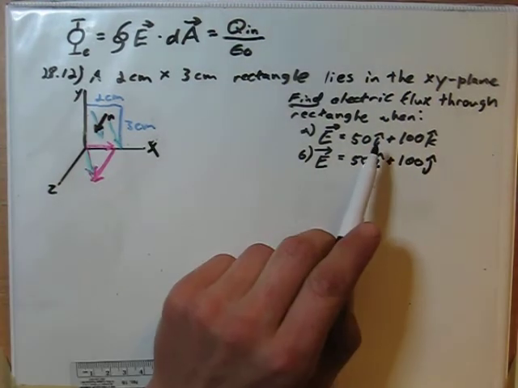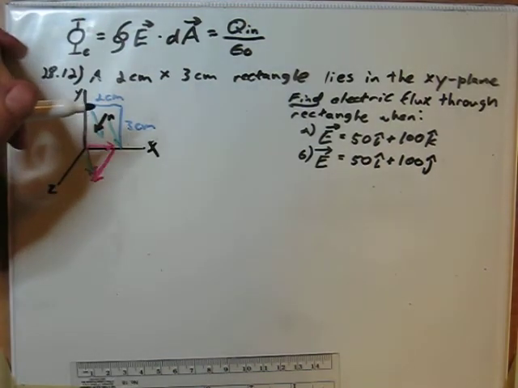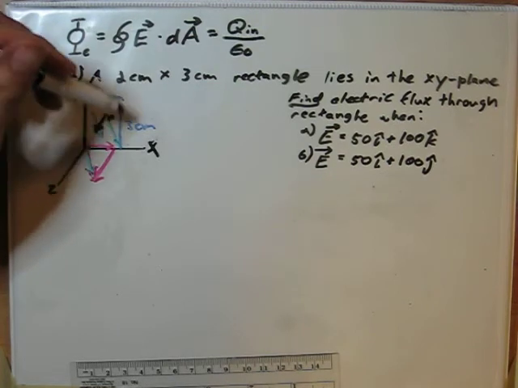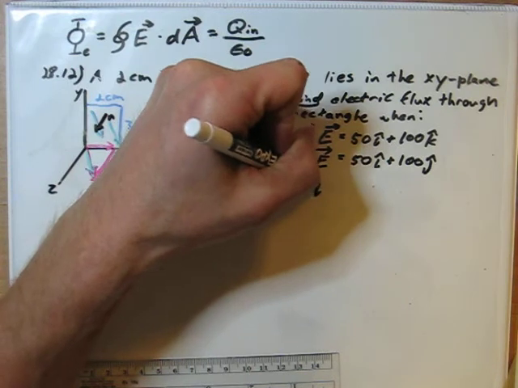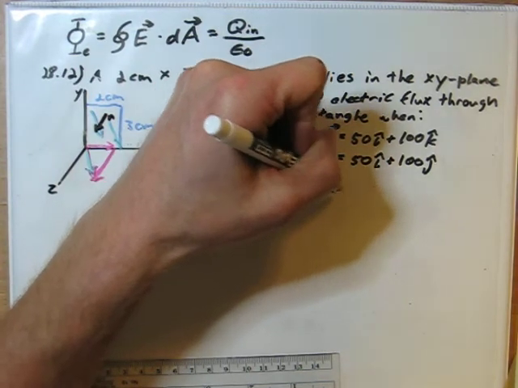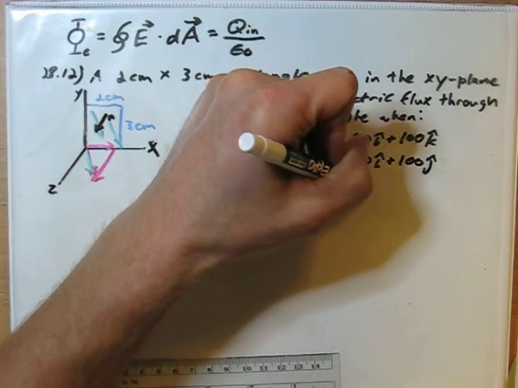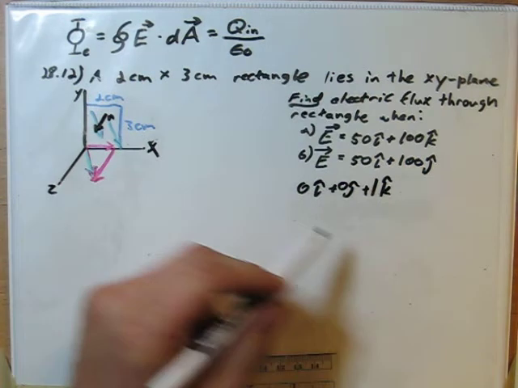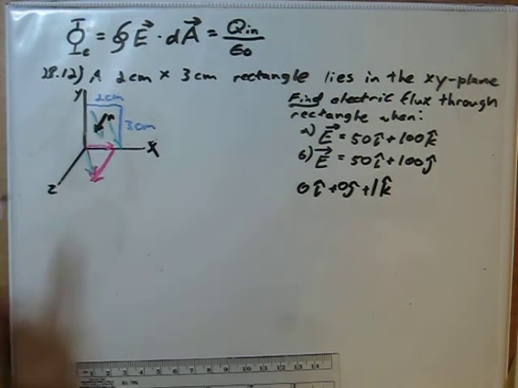We can really ignore this 50 i hat because if we look at what we'd be dot producting with our surface, we're looking at 0 i hat plus 0 j hat plus 1 k hat. That would be the unit vector normal to our surface.